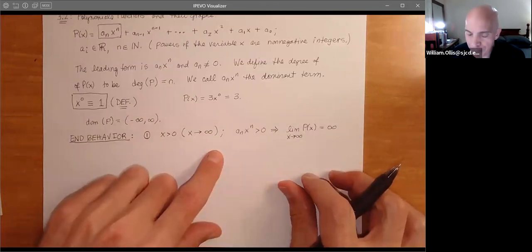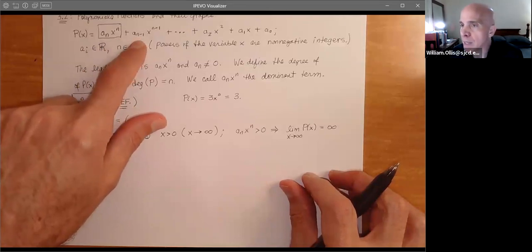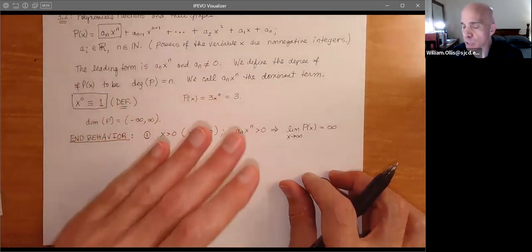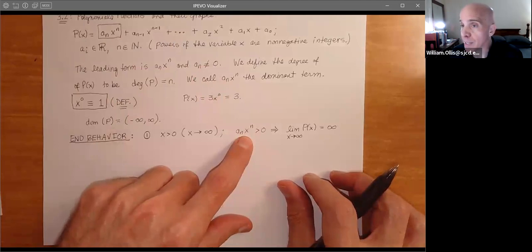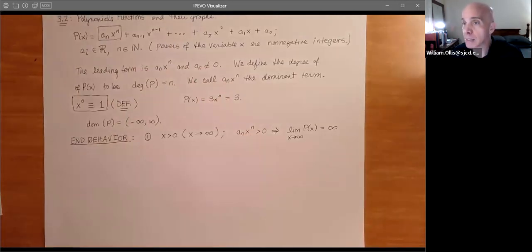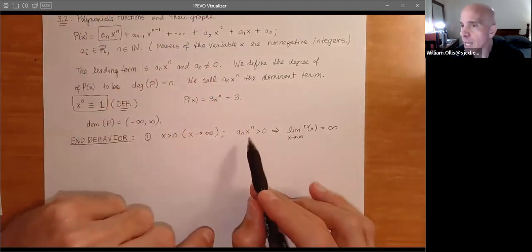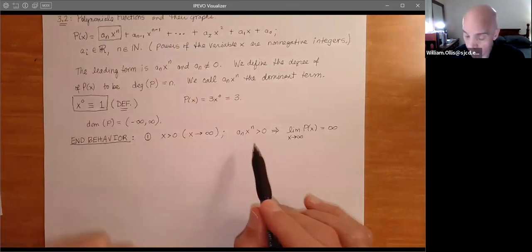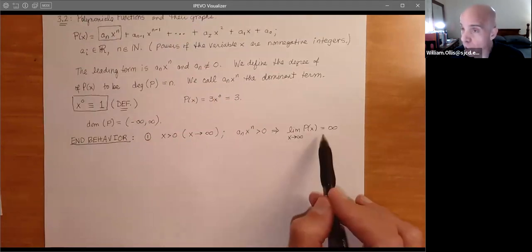What this is saying is that the smaller powers of x do not have as much control over the size of the function as x becomes arbitrarily large. The dominant term, that's what we call it, it dominates. And so all of the other lower degree terms kind of pale in comparison. So all we have to do is just figure out the sign of the leading term. And when x is positive, if this is positive, then we go to infinity.